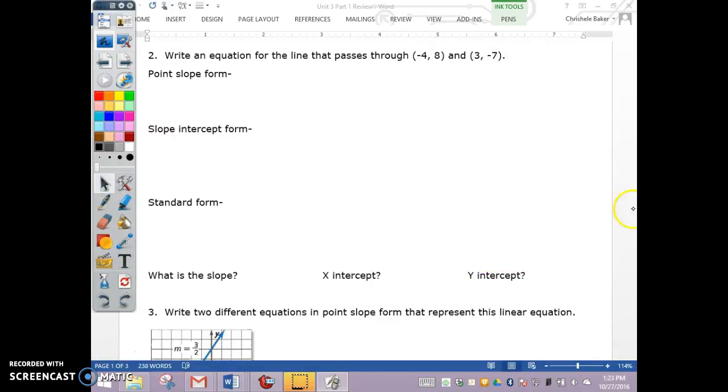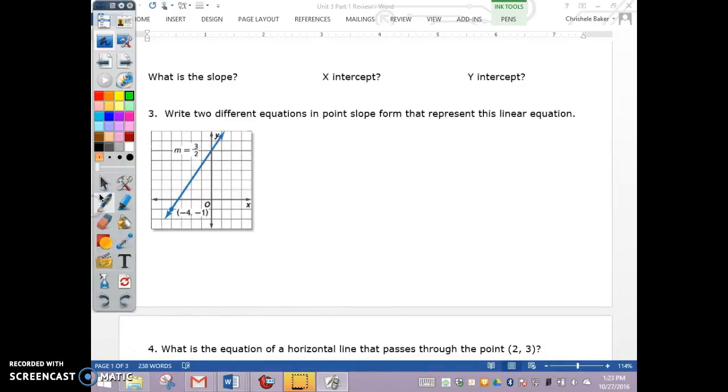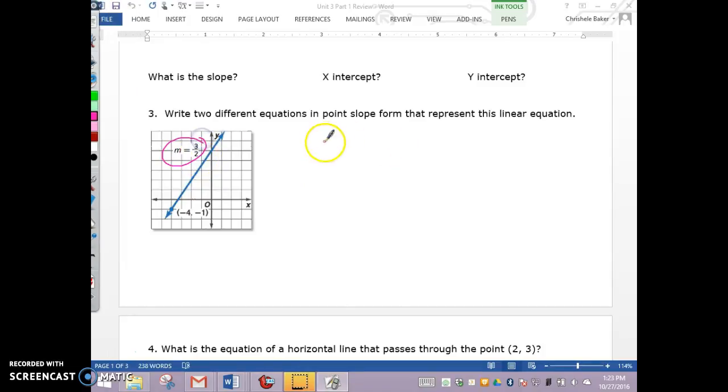Now, like I was saying in the top, there are infinite ways that you can write something in point-slope form. Your slope's going to be the same the whole time, 3/2. But I can pick anything I want for the x and the y, as long as they're on my line. So I have one option down here of -4, -1. Plugging in x minus my x value gives me a plus.